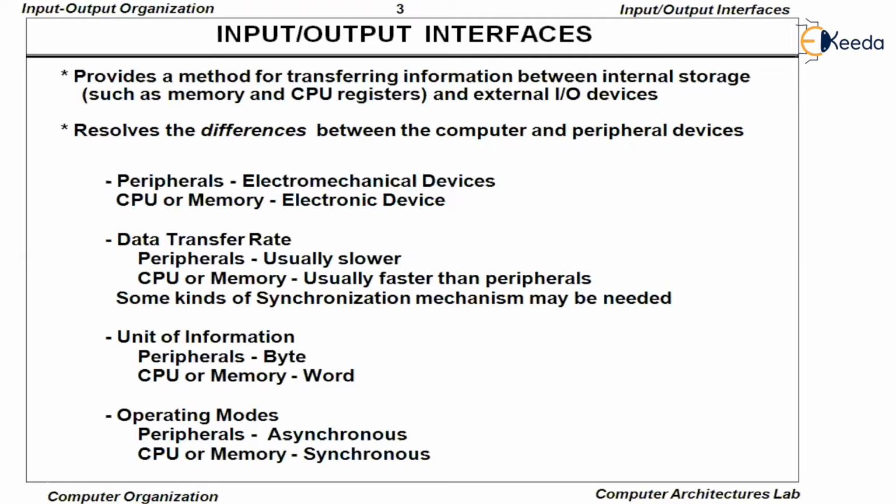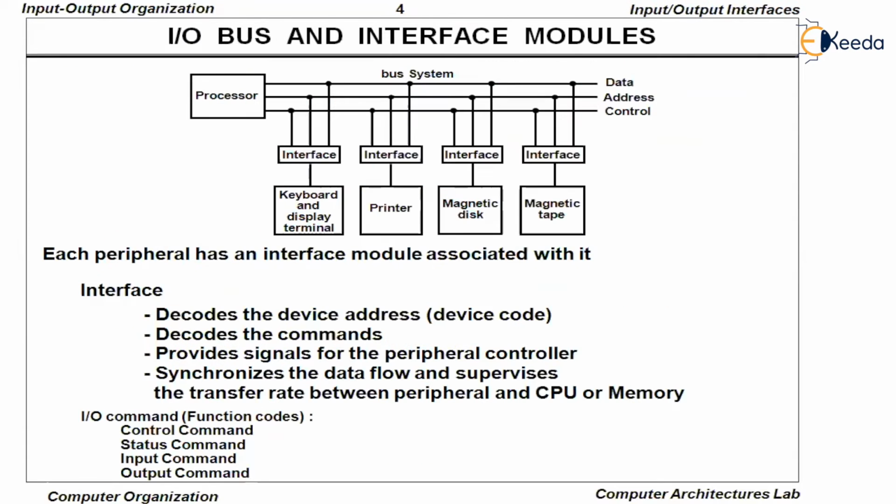Peripheral devices must be synchronized with the CPU. So for all these reasons, to handle all these dissimilarities, we are going to design an interface which acts as a mediator between the CPU and the peripheral device.